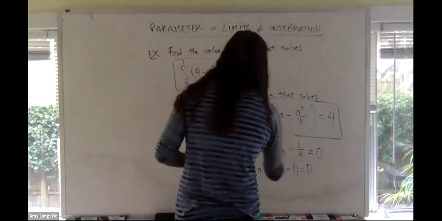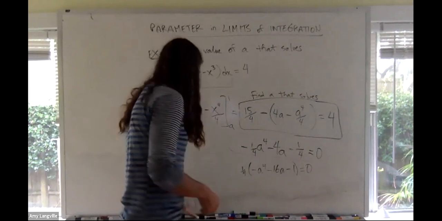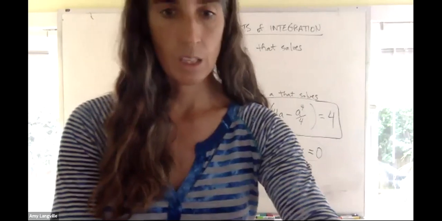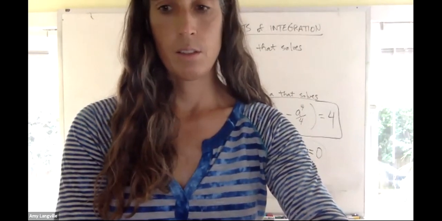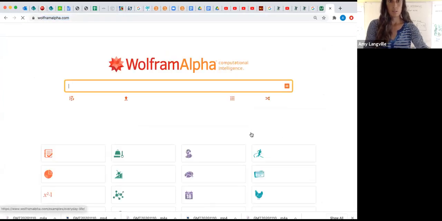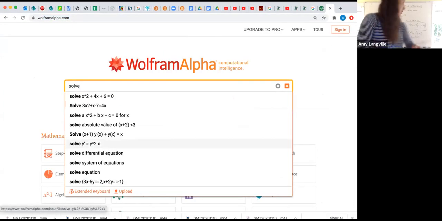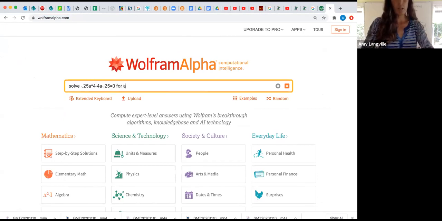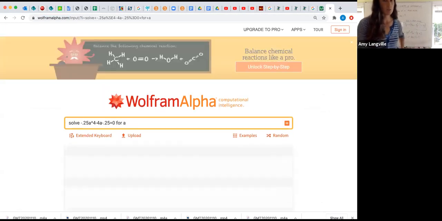We'll put this one in red. We will ask Wolfram Alpha to solve this equation for A. One fourth is 0.25, so minus 0.25 A to the fourth, minus 4 times A, minus 0.25 equals 0 for A. So we're just entering it in natural language processing.